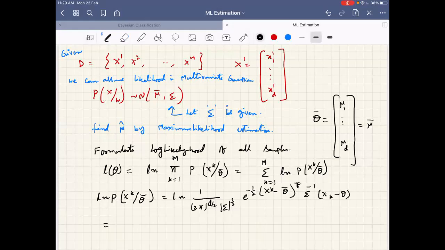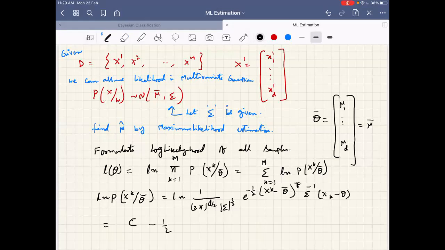In writing this, I will write C minus half. I am not very much bothered about what the first term is. If I wanted to differentiate with respect to the covariance matrix, I would be bothered about writing that more explicitly.